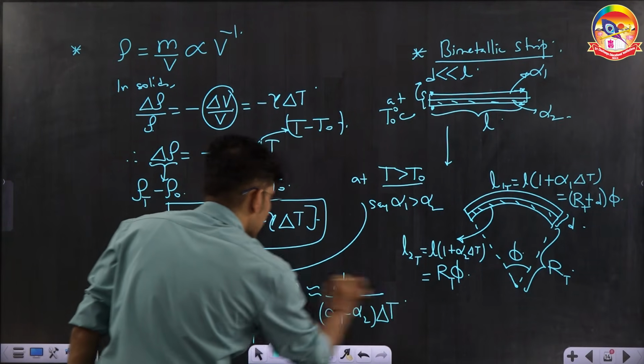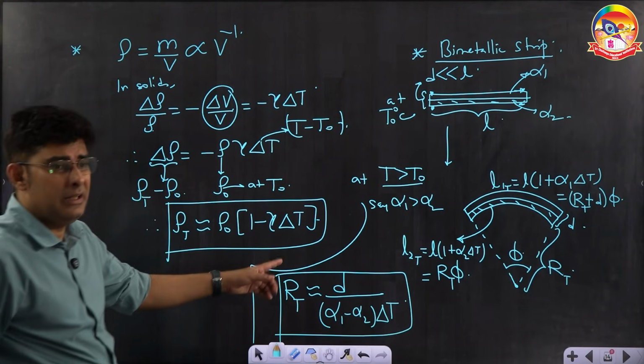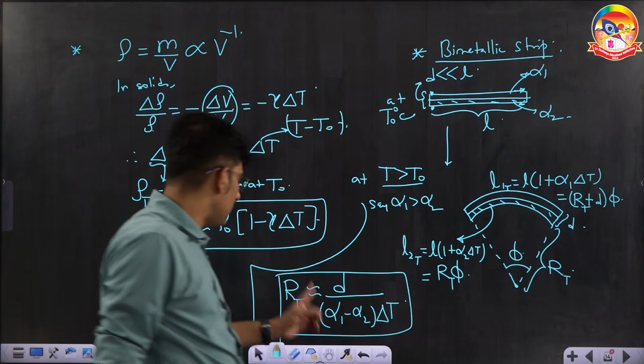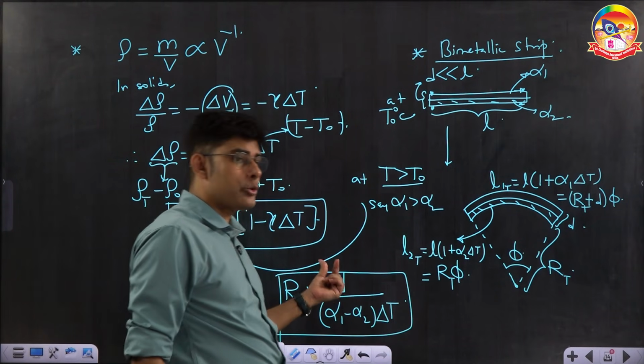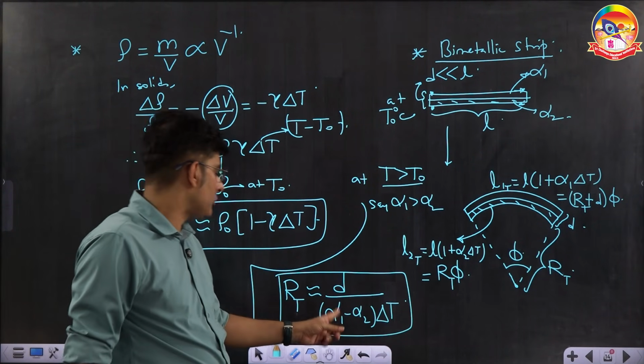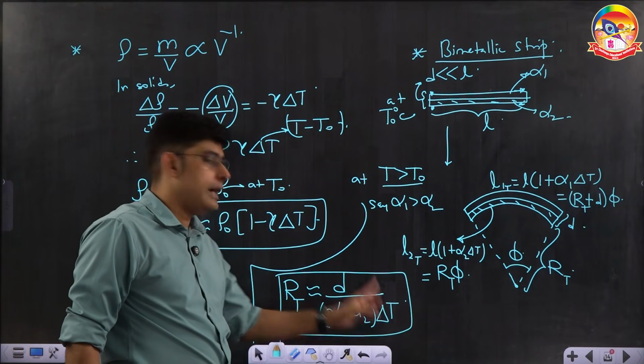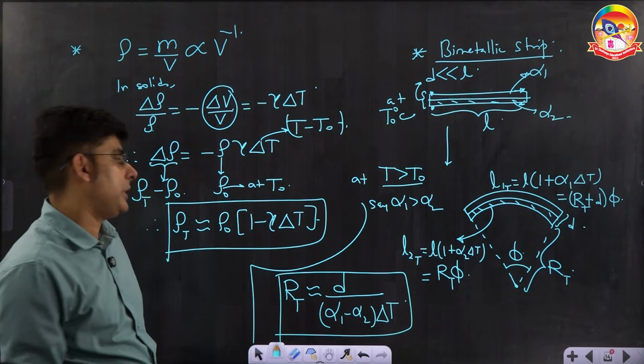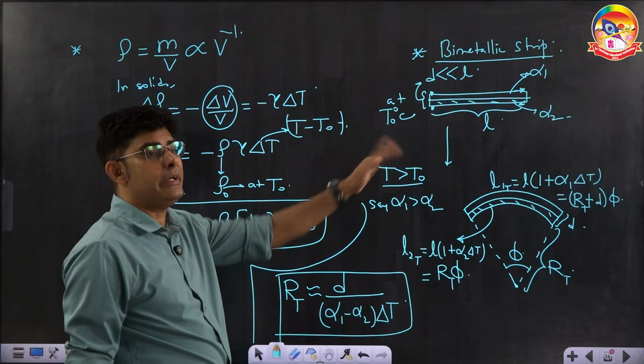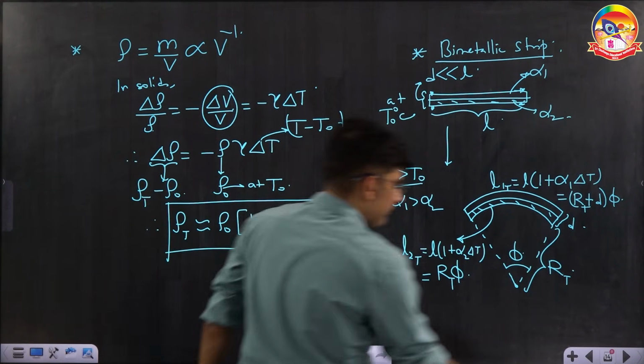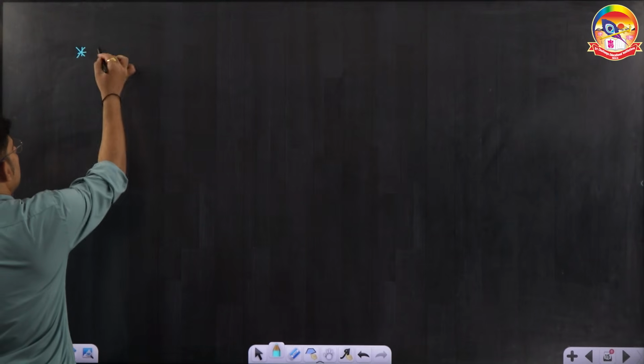So this radius of curvature is independent of the length, directly proportional to the width, inversely proportional to the difference in alpha, and inversely proportional to the change in temperature. Whichever has more alpha, it will bend accordingly. Clear on heating.